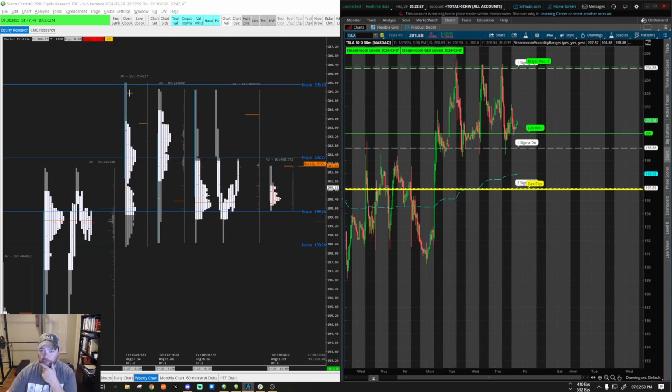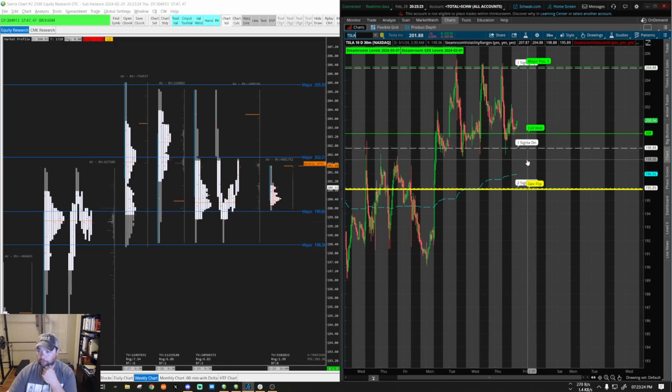So this 205.50 area is an area I would look for a short. There's a lot of call gamma, call GEX up here, and then we close within this 1 sigma area. So look for some support down here.